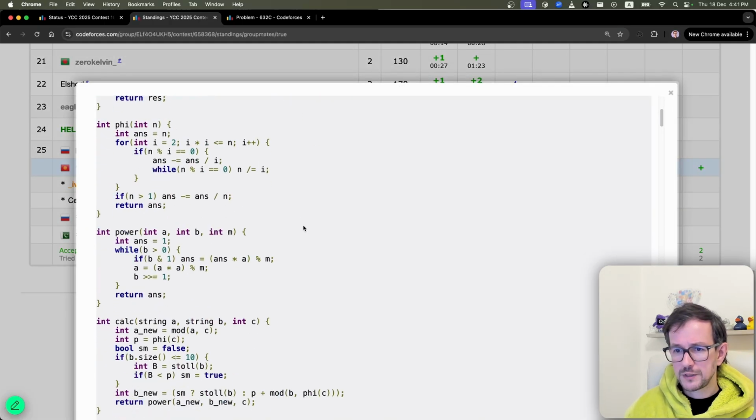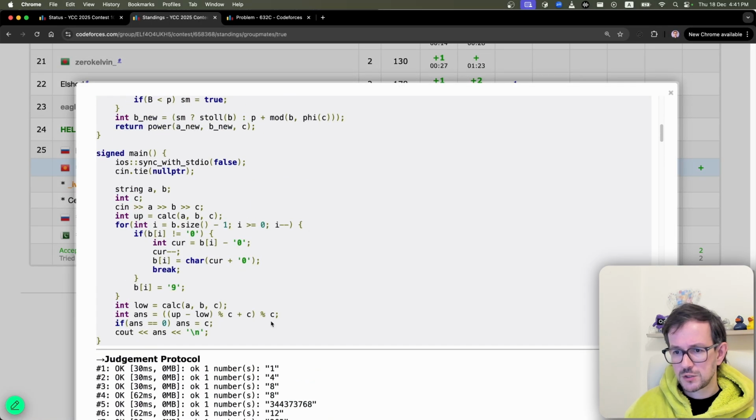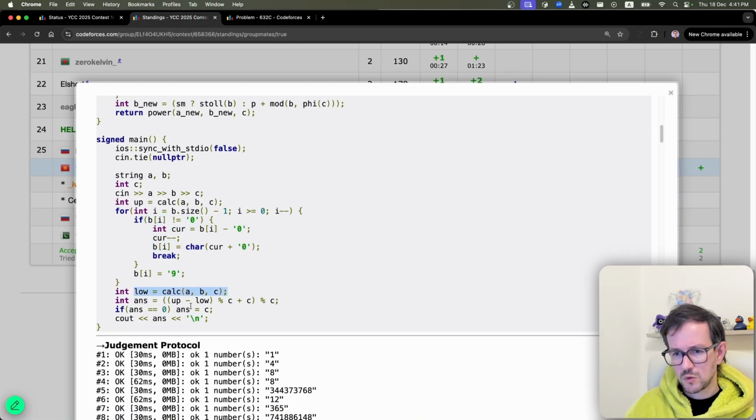So you can just calculate Euler function. That's minus 1, yes. Okay, up minus low. It's b power n minus b power n minus 1.